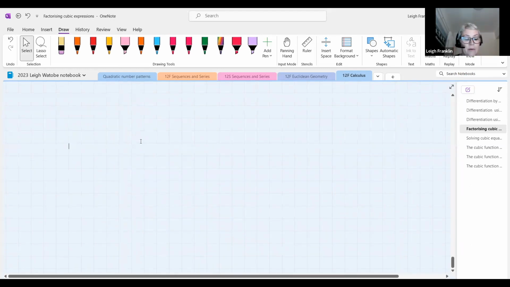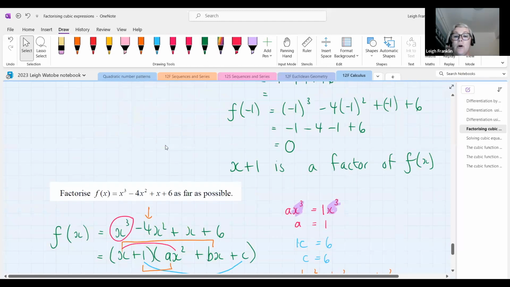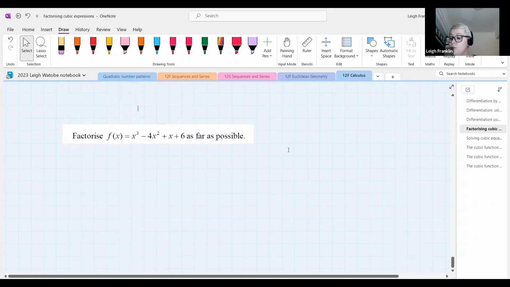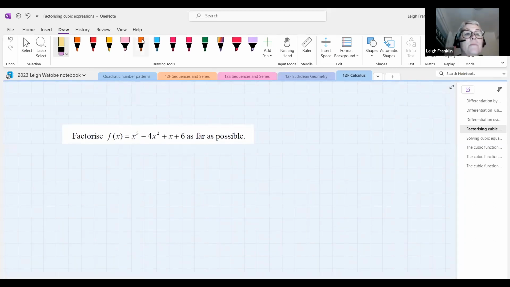Let's go down here. Were you okay with how we found a linear factor? Remember up here, when we subbed in -1, we got 0. So that means that x plus 1 is a factor. So in other words, if we are factorizing f of x, we know that x plus 1 is a factor.